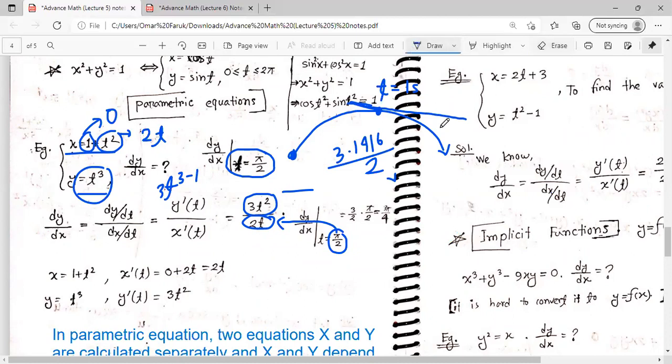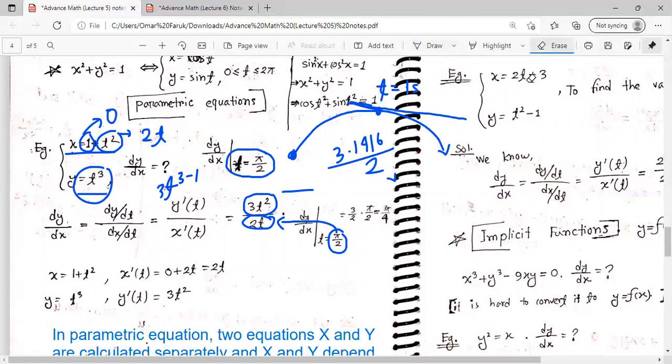So do you know what is derivative, or what is differentiation? Differentiation means to find the tangent line, or find the slope here. Differentiation means to find the slope of a tangent line.